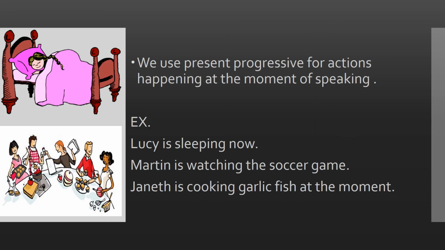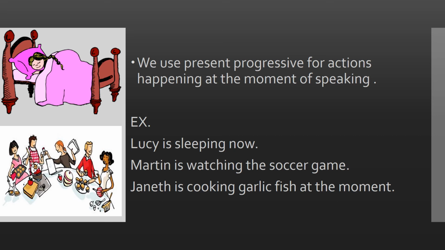Second use, we use present progressive for actions happening at the moment of speaking. Very interesting. Actions happening at the moment of speaking. Examples, Lucy is sleeping now. What is the action happening at the moment? That Lucy is sleeping.